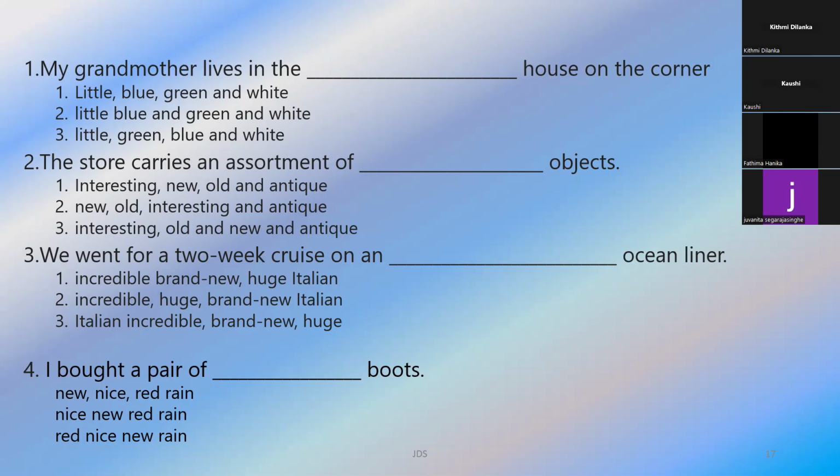Second one. First should be the opinion, nice. Then it should be the age, new, right? So nice, new, after that color, and then rain boots.